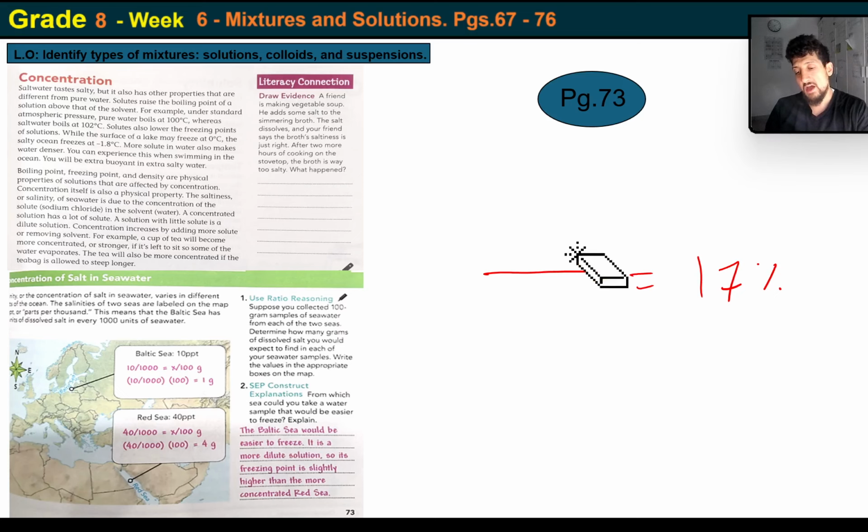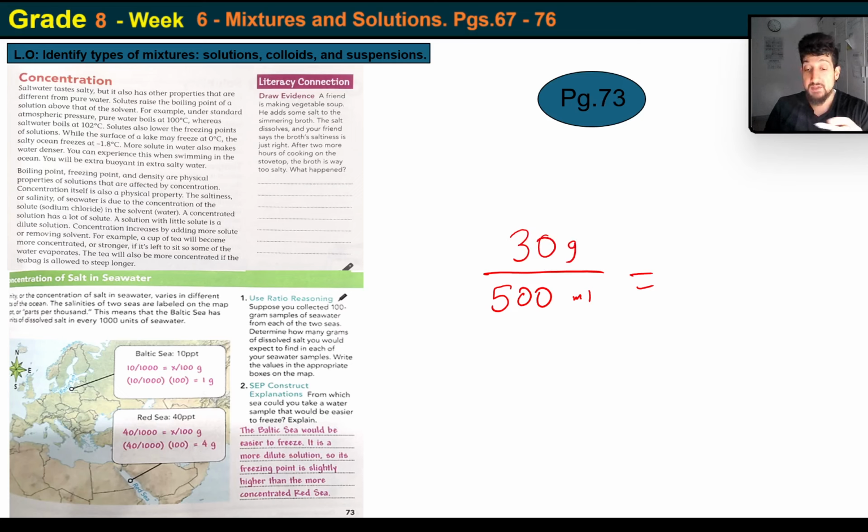Now, I'll give you a different example. What if I have a 500 ml solution and I've got 30 grams of sugar? What is the percentage? What is the concentration? Now, what you need to do here is divide the top by the bottom, the solute by the solvent.